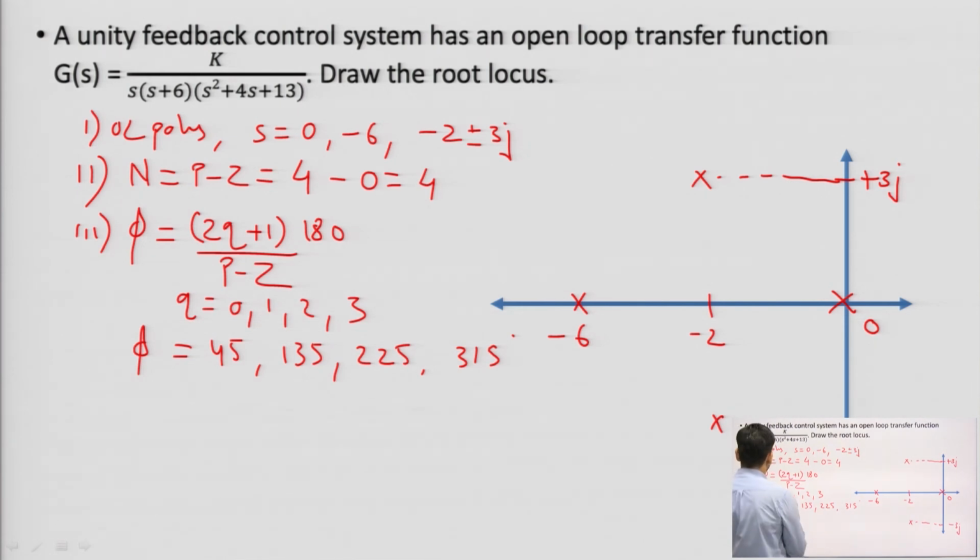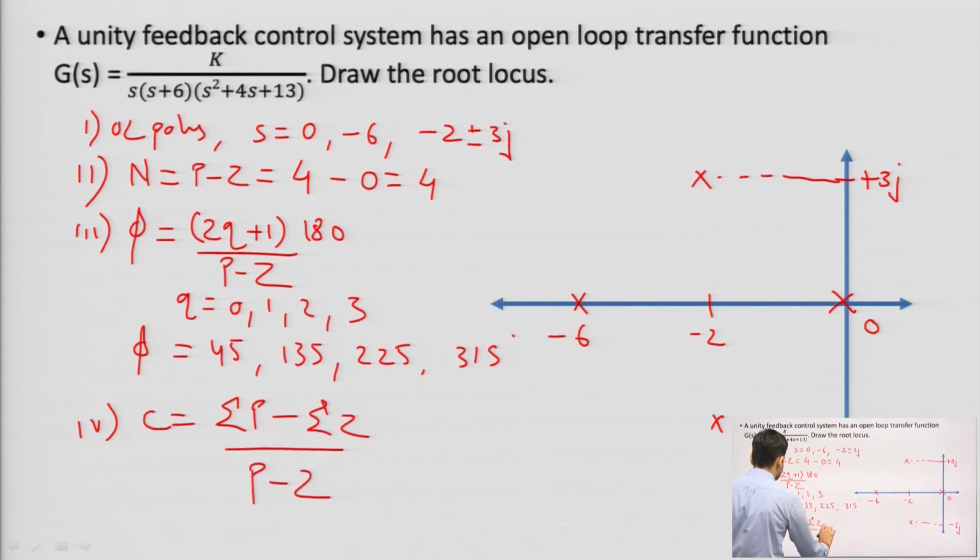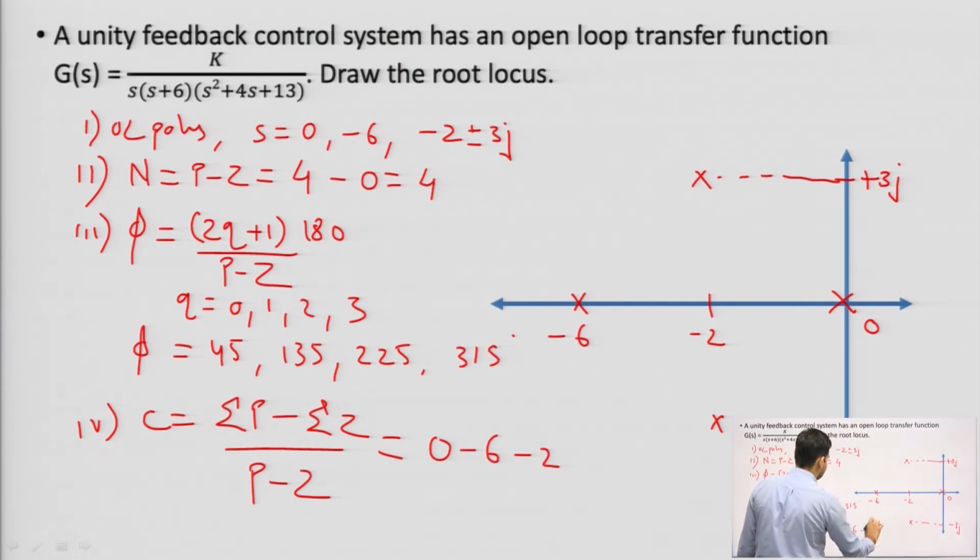Now we need to calculate the centroid point C, summation of p minus summation of z over p minus z. Summation of p is 0 minus 6, right. The summation of p takes only the real values of the poles if complex poles are present. So I will take here only minus 2 and the second is minus 2.